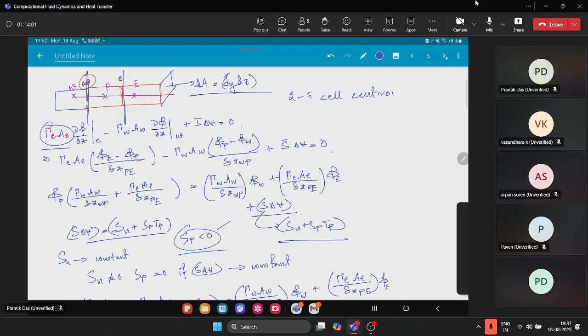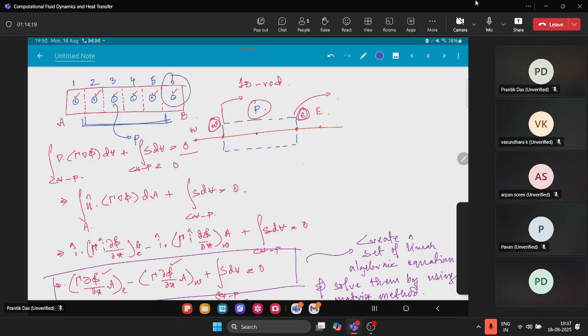There are boundary control volumes also, for example, this 6 and 1.